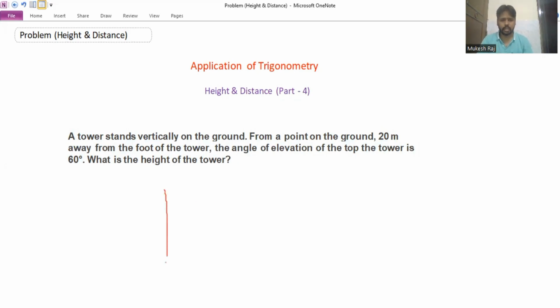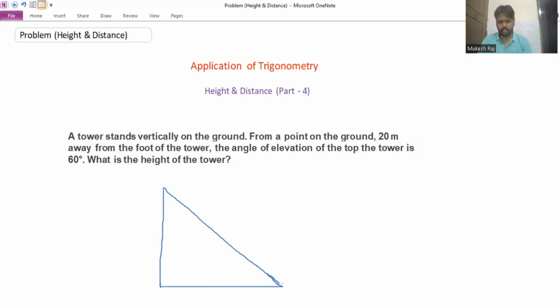That would help us understand and apply the concept in a proper way. So just trying to depict the problem in a pictorial representation. It says that the point is 20 meters away from the foot of the tower.